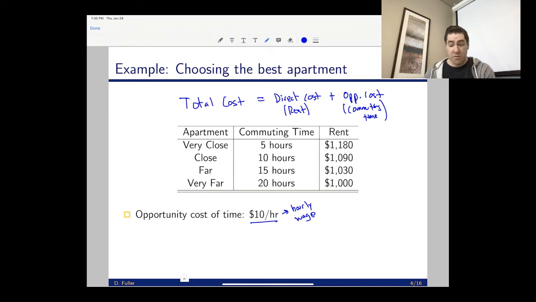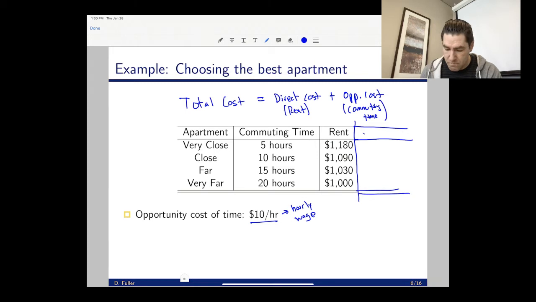To calculate the opportunity cost, we'll add a column here: the opportunity cost of commuting. It's simply the commuting time times the opportunity cost.